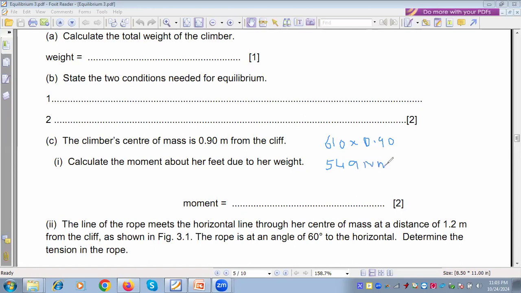And using g equals to 10, this weight is 620. So 620 into 0.9, because this is from the paper before 23, so we may use g equals to 10.